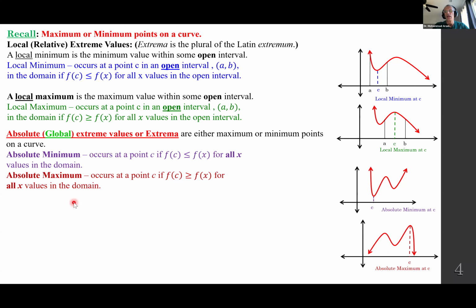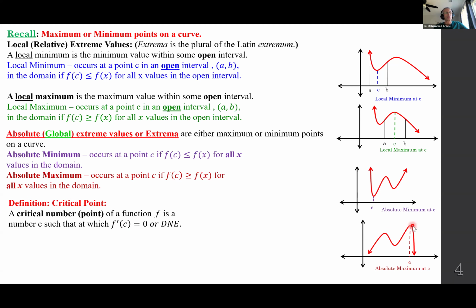If you look at these two graphs: local min, local max, local min. Peaks and valleys are local. This one is an absolute minimum because no other point has a smaller y coordinate. Local max, local min, local max. This local max happened to be an absolute max because no other point has a larger y coordinate.